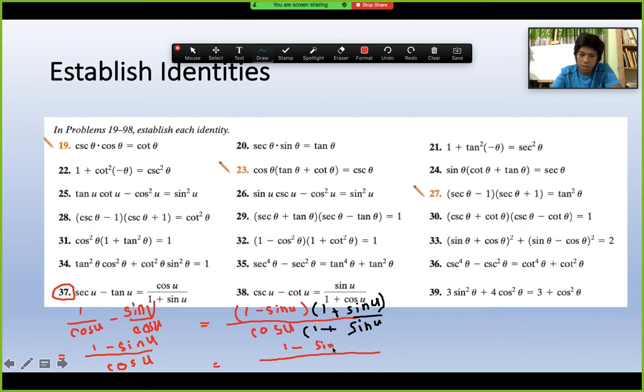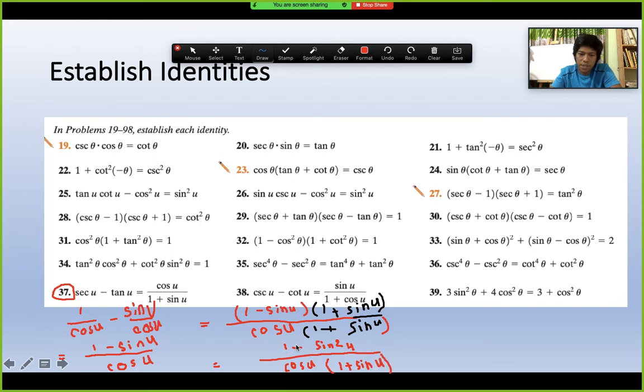So this is 1 minus sin square u divided by the downside. For the downside we cannot do anything, because we can actually make it more complicated. So this is already a simplified form. We'll keep the downside as it is, cos u, then 1 plus sin u.